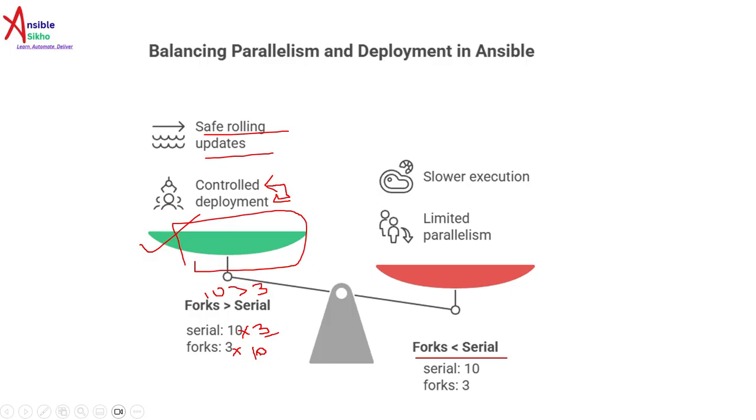Now, if forks is less than serial, here forks is 3 and serial is 10, so there is limited parallelism. If there are 10 hosts and only 3 parallel tasks are executed, there is limited parallelism and slower execution.